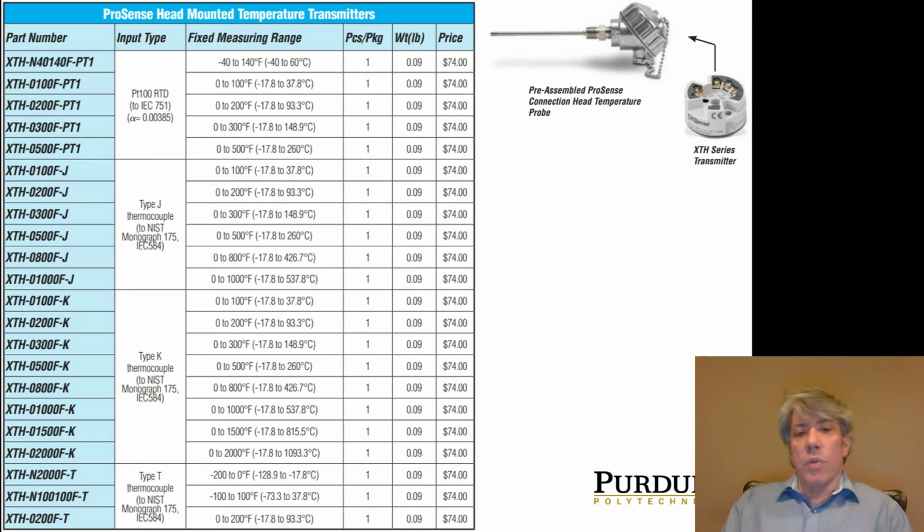And so the way this works, if you buy a transmitter, look down at the Type K thermocouple section of this table. You notice it goes 0 to 100 degrees all the way down to 0 to 2,000. So if you get a transmitter that transmits 0 to 100 degrees, it doesn't mean that you're going to have awful resolution. It doesn't mean that you've only got 100 different measurement data points.